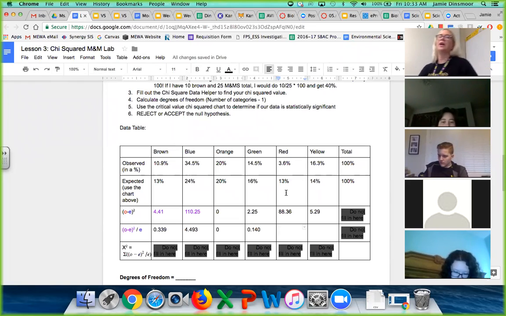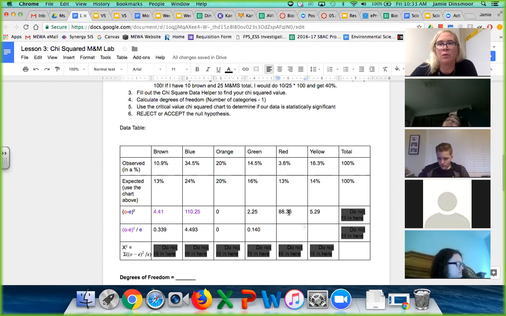If you already did your own calculations for your numbers, see if you can help us out here by telling us what our observed minus expected squared divided by expected value is for red and yellow. So again, we're going to take our purple number here and divide it by our expected.